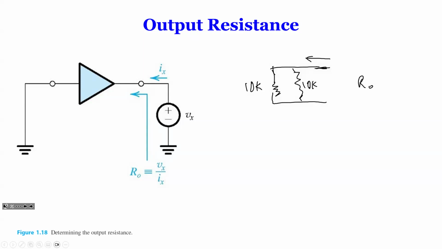Well, it's 2 in parallel, so that gives you 5 kilo ohm. But if you have a circuit like this, and this is like GM times something like VI.